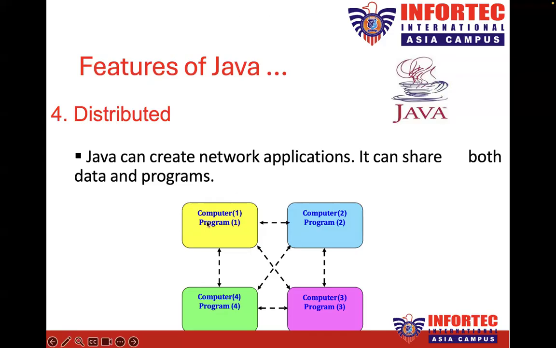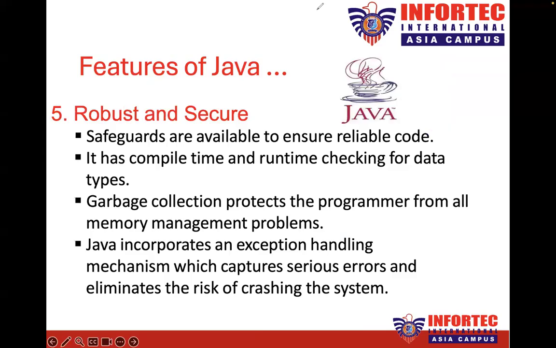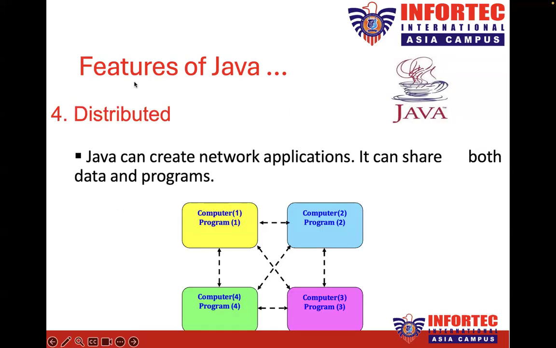Here we have computer 1, computer 2, computer 3, and computer 4, and four programs are running. We communicate with all of them. This computer communicates with this one, and this one, and so on, and these two also communicate. We call it distributed.